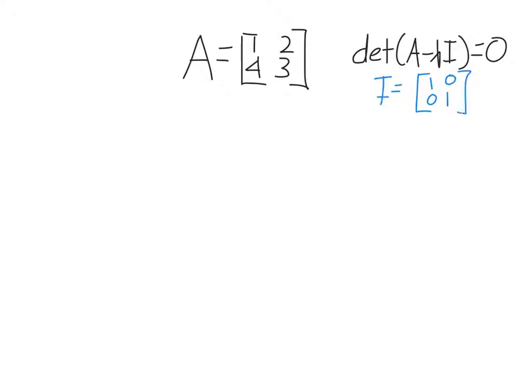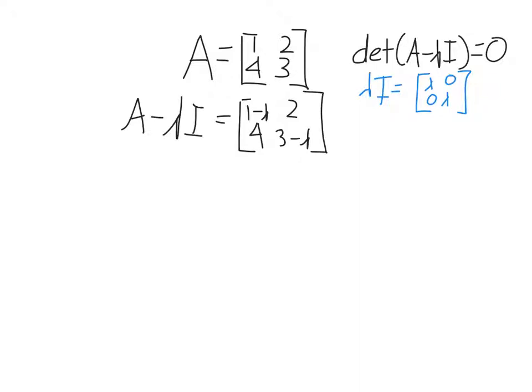If I multiply this by lambda, I just multiply each element by lambda. So when I calculate A minus lambda I, all I'm doing is subtracting lambda from each of the elements on the leading diagonal, and I leave the off-diagonal elements alone. So this is A minus lambda I.